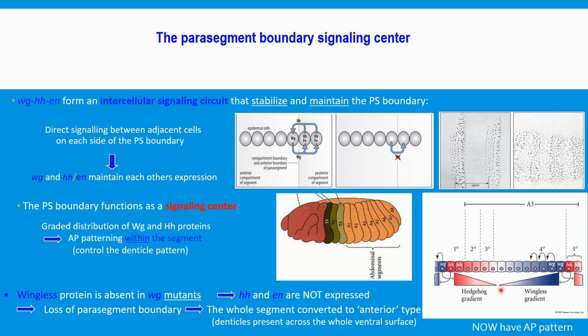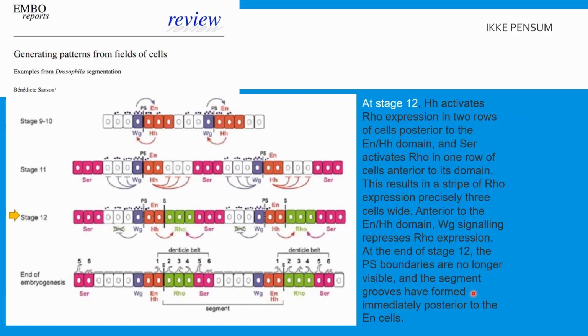Now, if you're like me, you're wondering, why is this gradient just shown in one direction? And that is because hedgehog and wingless have a common target in the EGF receptor signaling pathway that is important for patterning this epidermis. And I have a slide here to show that. The most important part of this slide is here.